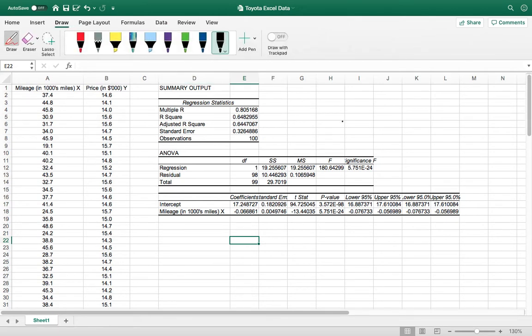So what we can do is test the null hypothesis, H0. The null hypothesis is that the slope beta1 equals 0, and the alternative hypothesis, H1, is that the slope at the population level, beta1, does not equal 0.